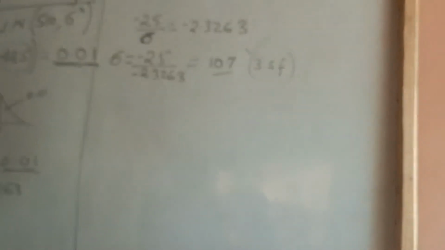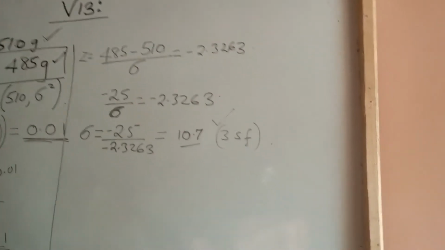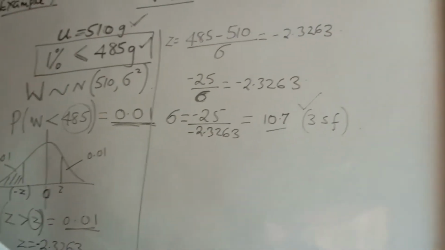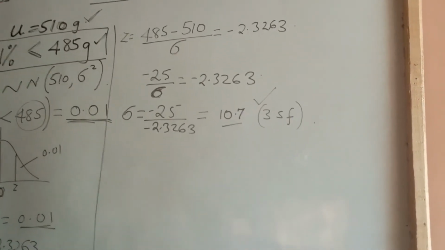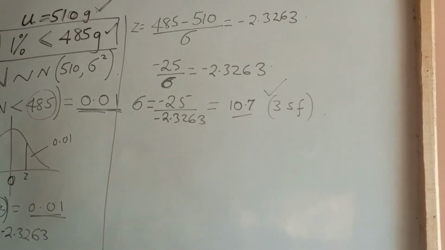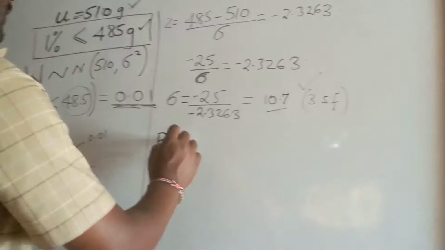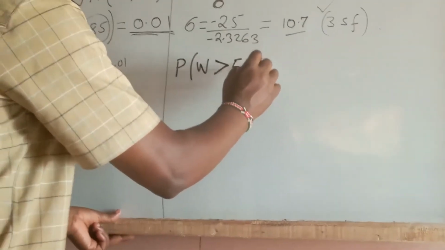Let's see what else we need. Part B of the question is asking us, hence find the proportion of boxes that weigh more than 525 grams. So we want to get the probability of boxes which weigh more than 525 grams.